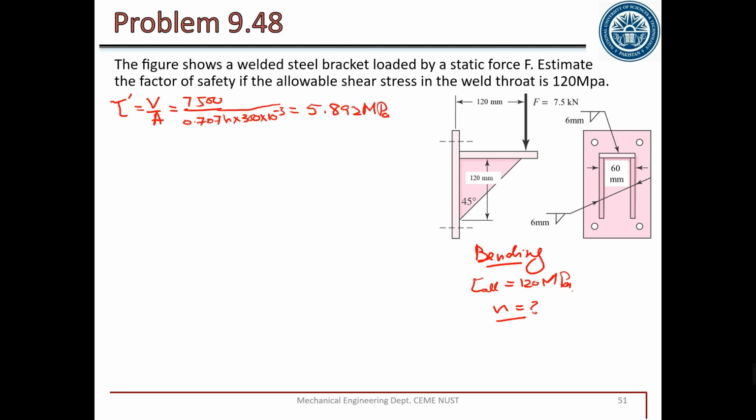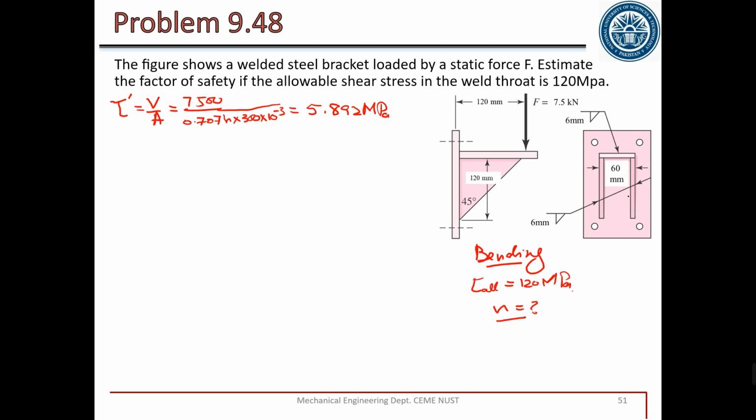Now the actual part is to calculate the second part, the bending stresses or tertiary shear in this case. First of all, we need to check if this figure corresponds to any existing figure in table 9-2. Go to table 9-2, check the figures, and out of these, figure 5 matches this description.